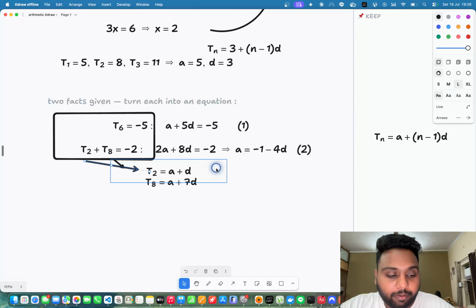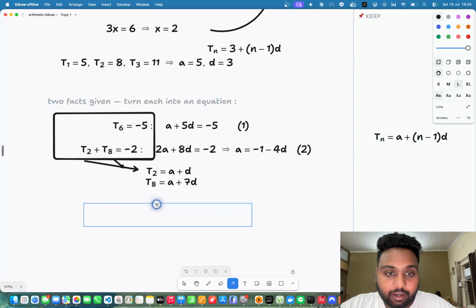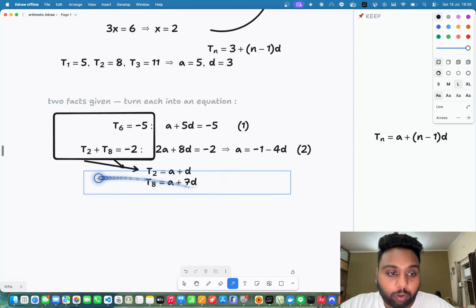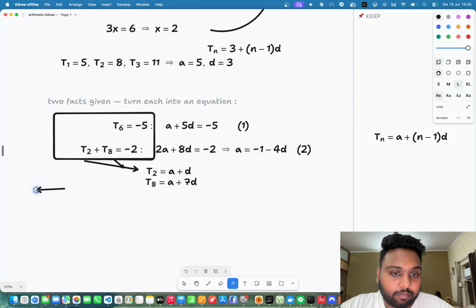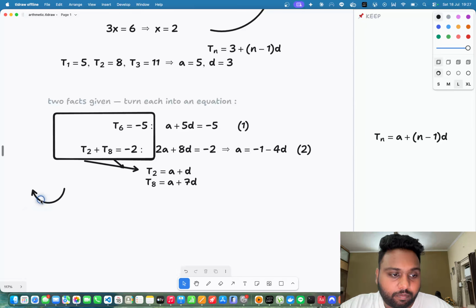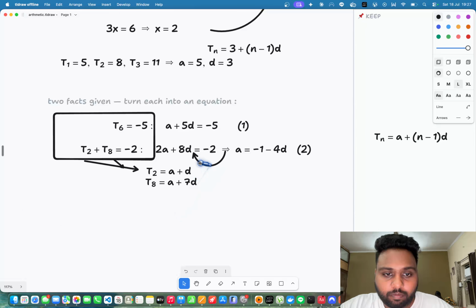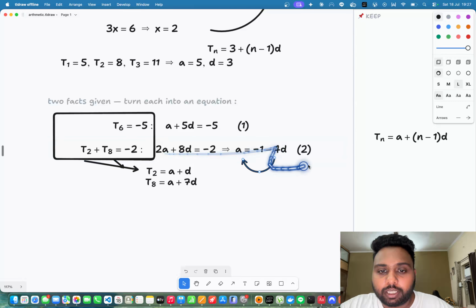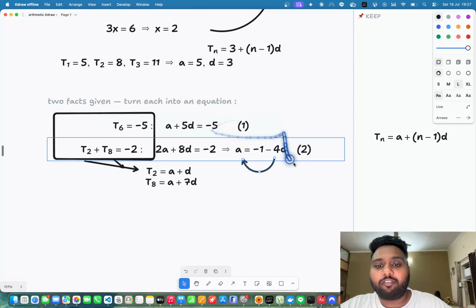Then we swapped d to be on the other side. What I did was just move d to this side, so this becomes the same equation. So now I have 2 equations.